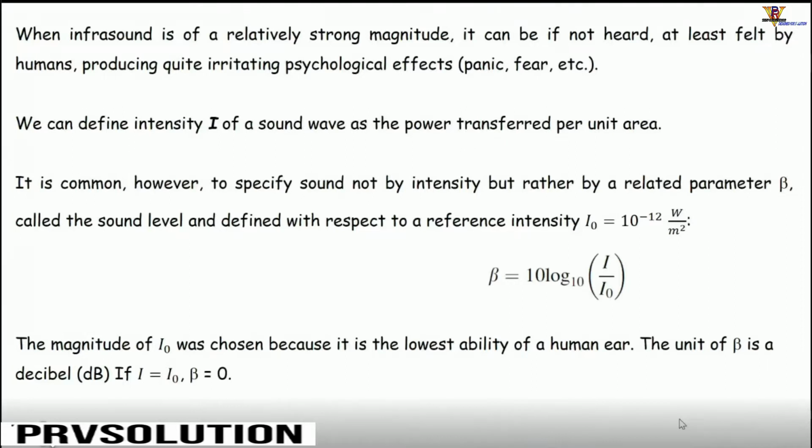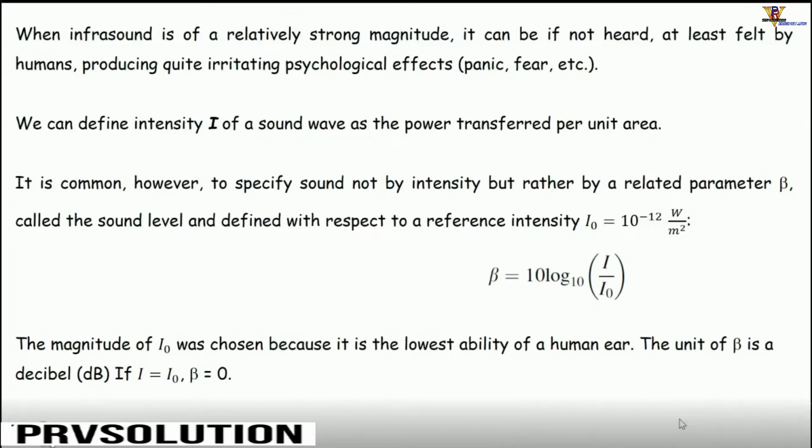It is common, however, to specify sound not by intensity but by a related parameter, beta. This beta is called the sound level and is defined with respect to a reference intensity I naught, whose value is 10 to the power minus 12 watt per meter square.